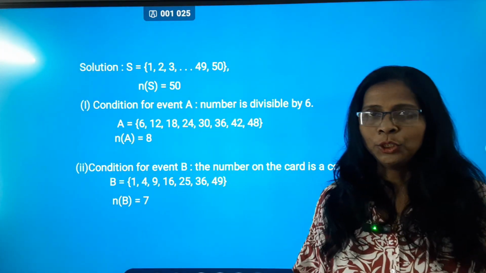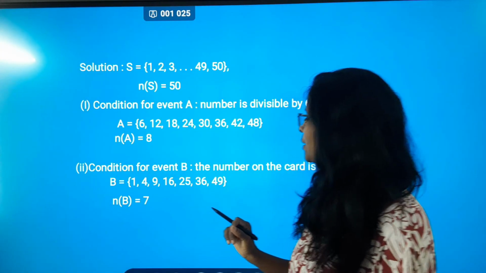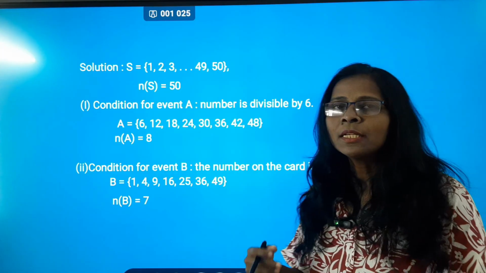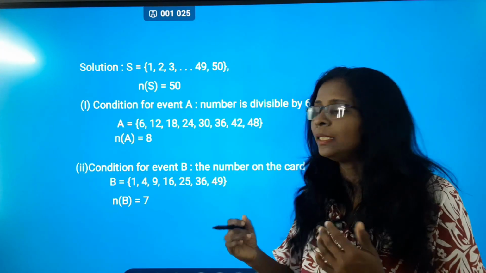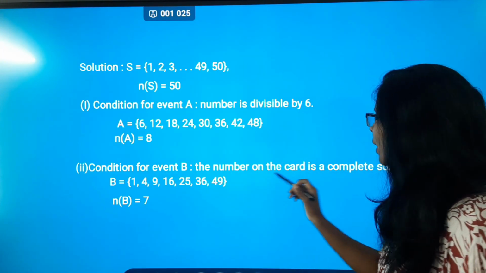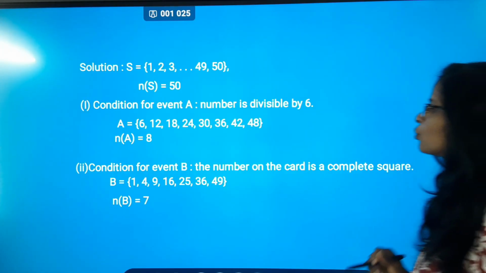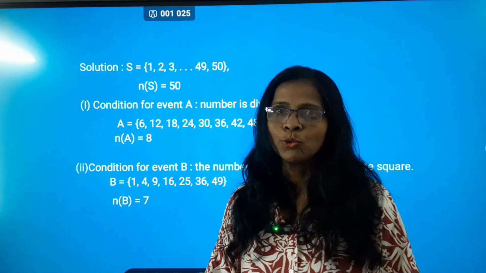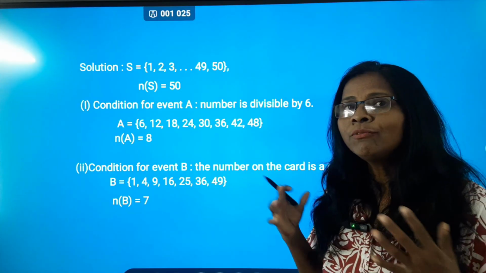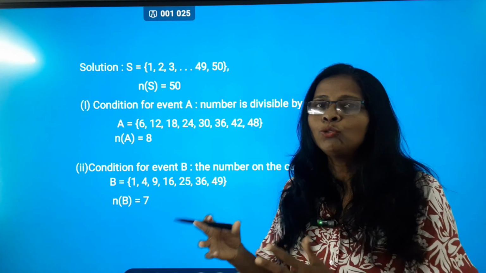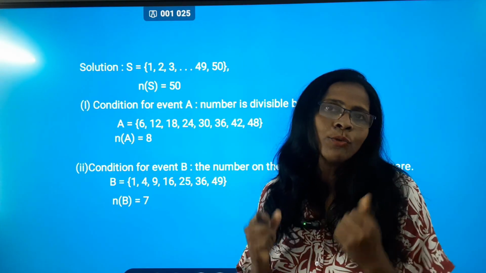Now the second condition, students. The condition for event B is that the number on the card is a perfect square. From 1 to 50, we have to choose only the perfect square numbers.